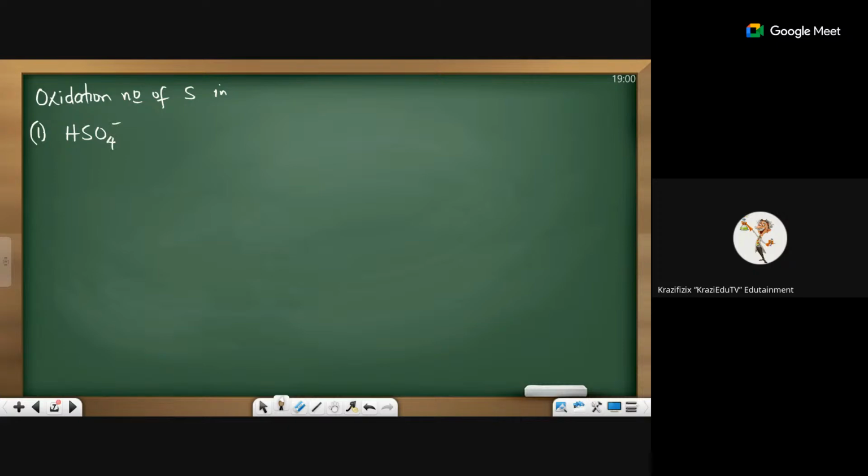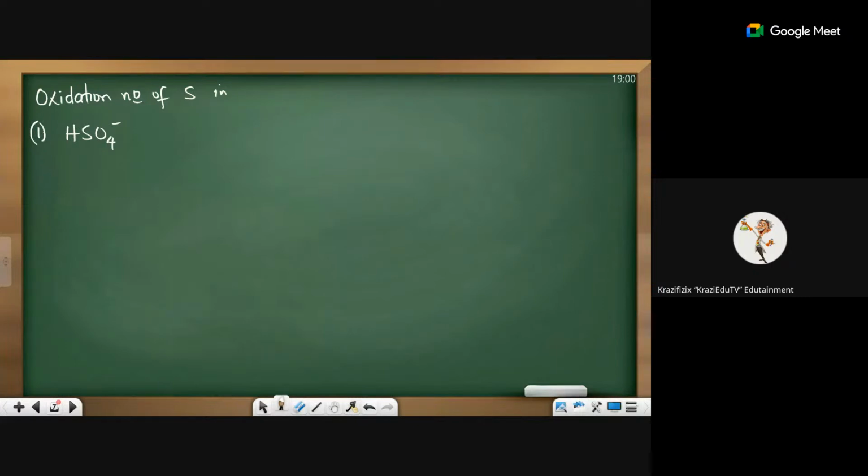Look at this. Look at this one. It's going to be very, very different. This time around, this is a compound ion.